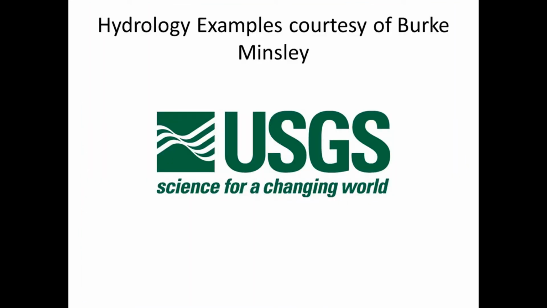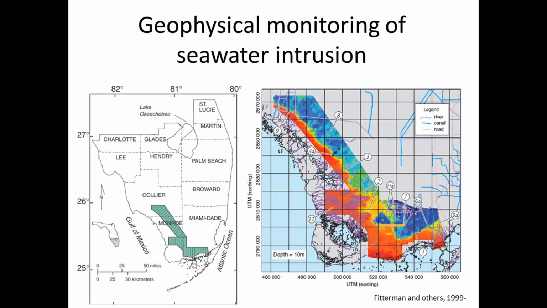And I'll just show a couple of general examples of applications of airborne to other hydrology things, and Berkmansley gave me a few examples from USGS. So here's a project in southern Florida, a map over there showing the extent of the survey.